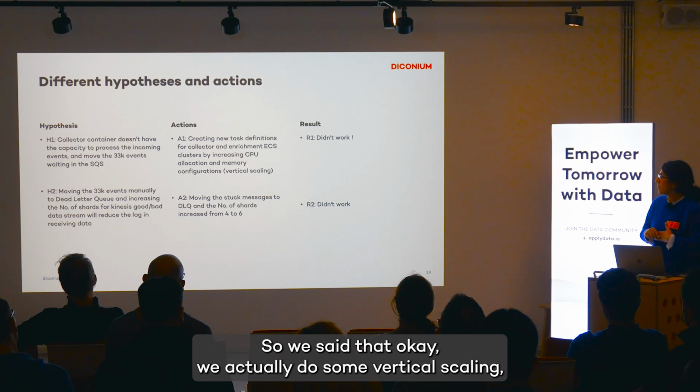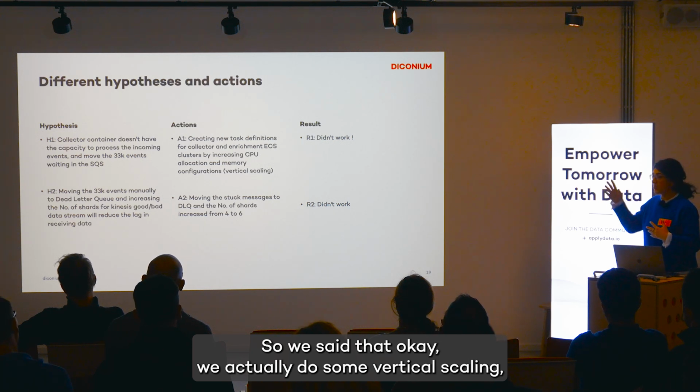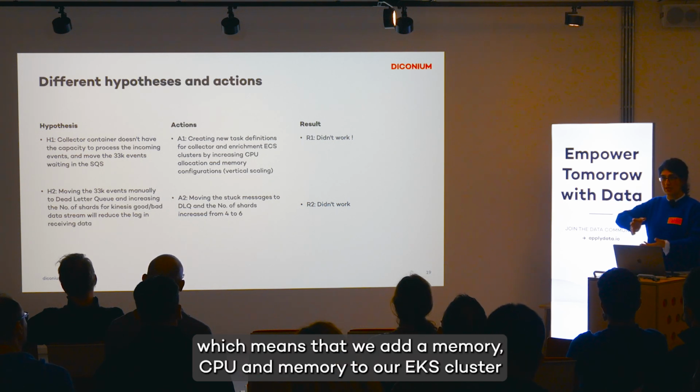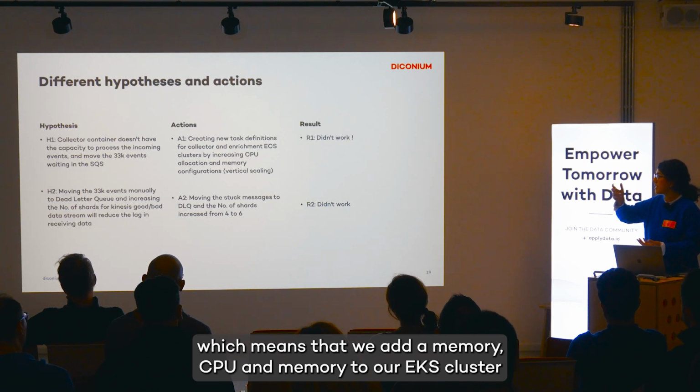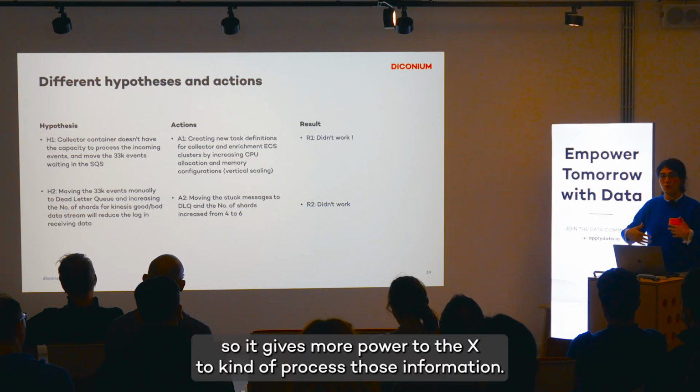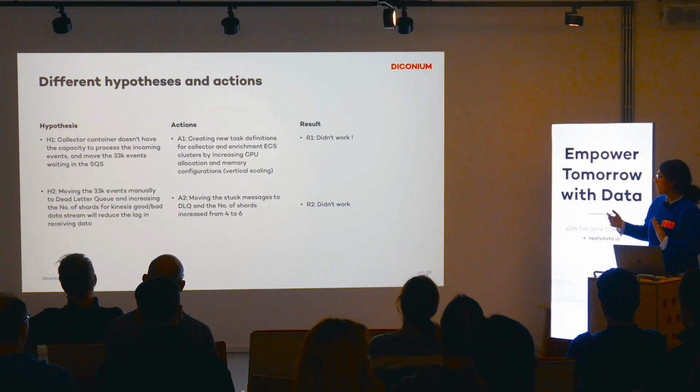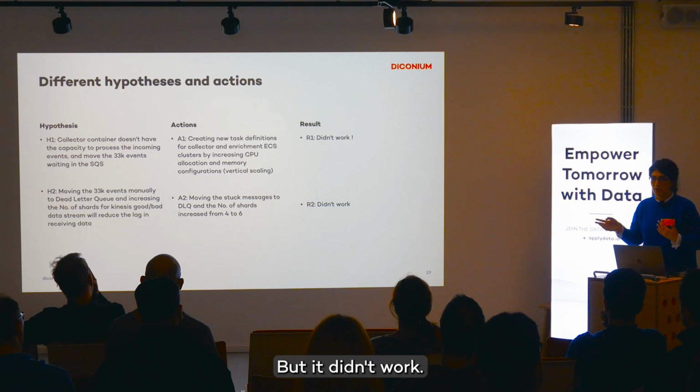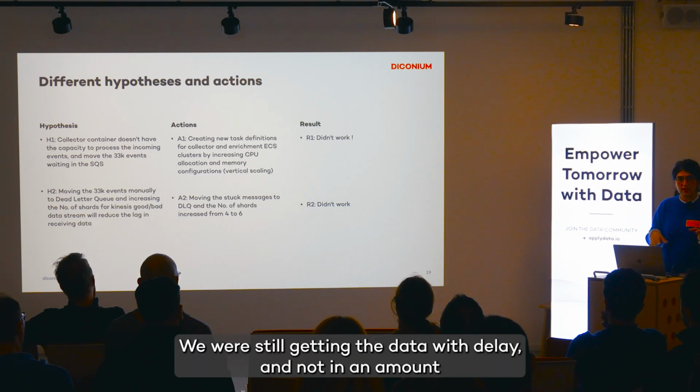So we said, okay, let's do some vertical scaling, which means we add CPU and memory to our ECS cluster. It gives more power to the ECS to process that information. But it didn't work. We were still getting the data with delay and not in the amount that we were expecting.